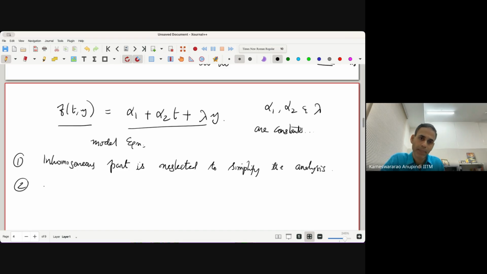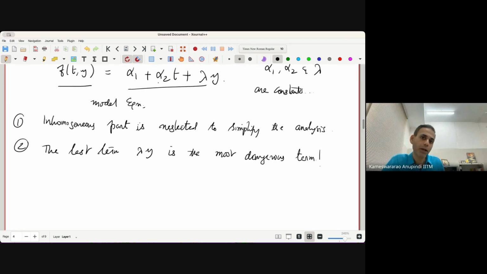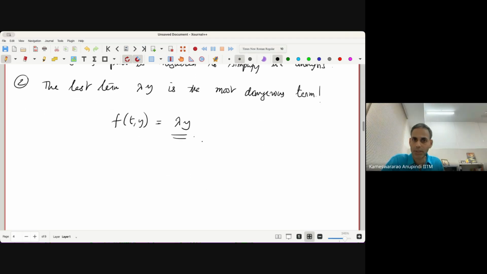The other part is that the last term, lambda y, is the most dangerous term, right? Why do we say that? If I neglect alpha 1 and alpha 2 t, then I can write f of t, y equals lambda y. We say that we need to include this term because this is the most dangerous term in the formulation. Why is this the most dangerous term?